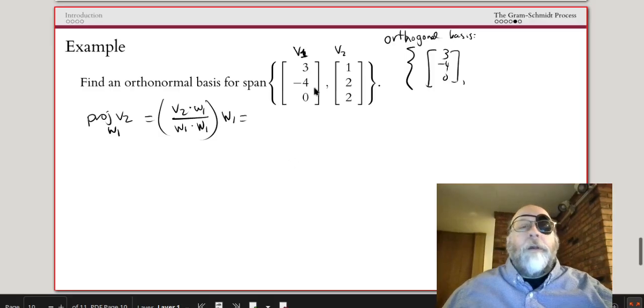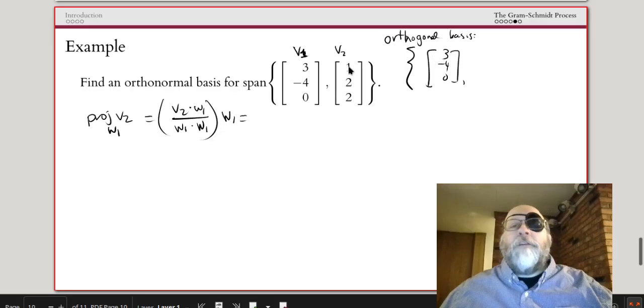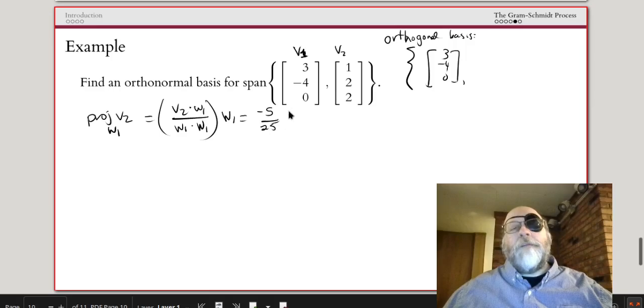So the dot product of these two vectors is 3 minus 8 is -5, plus 0 is -5. W1 dot with itself is going to be 9 plus 16, which is 25, times W1, which is 3, -4, and 0.